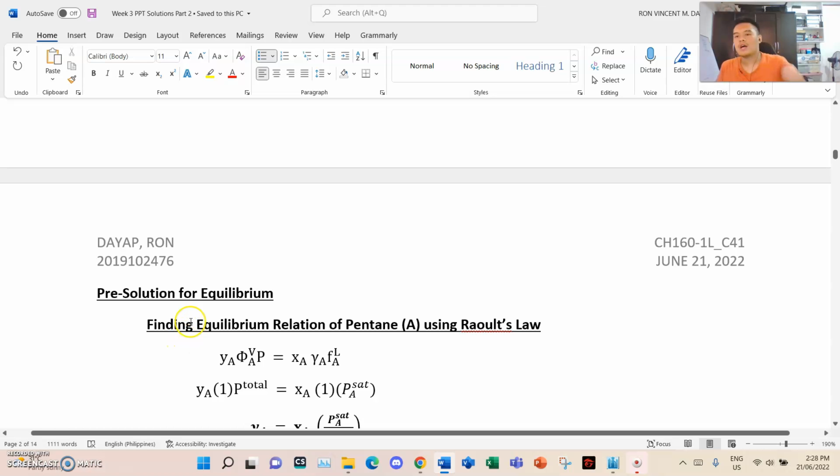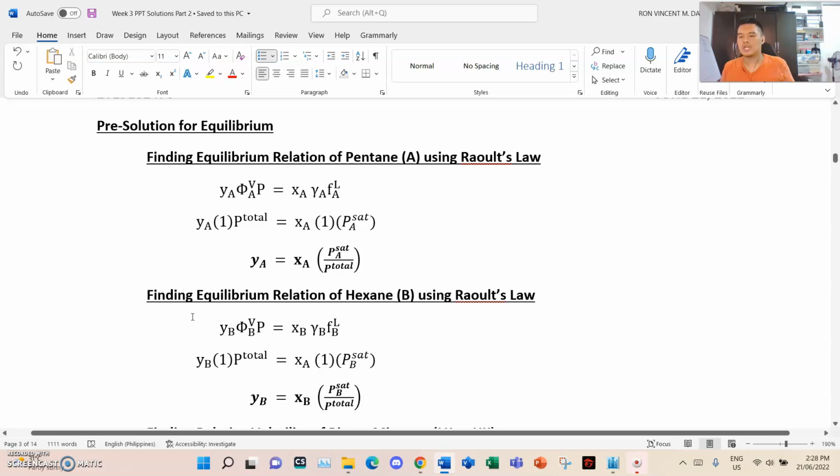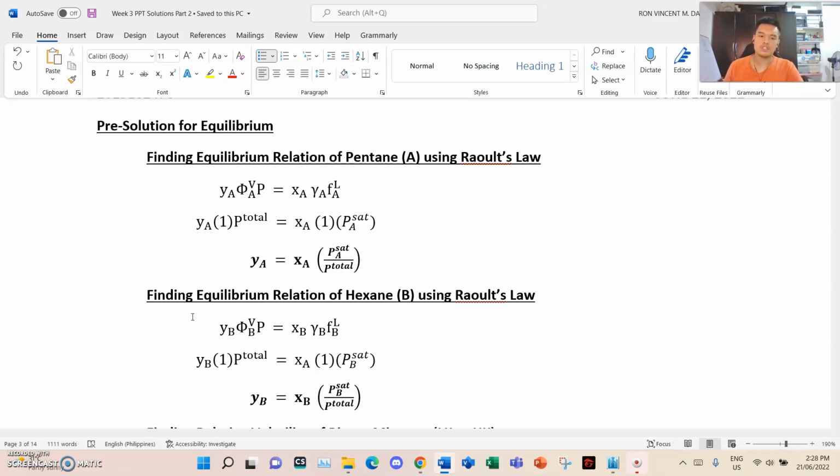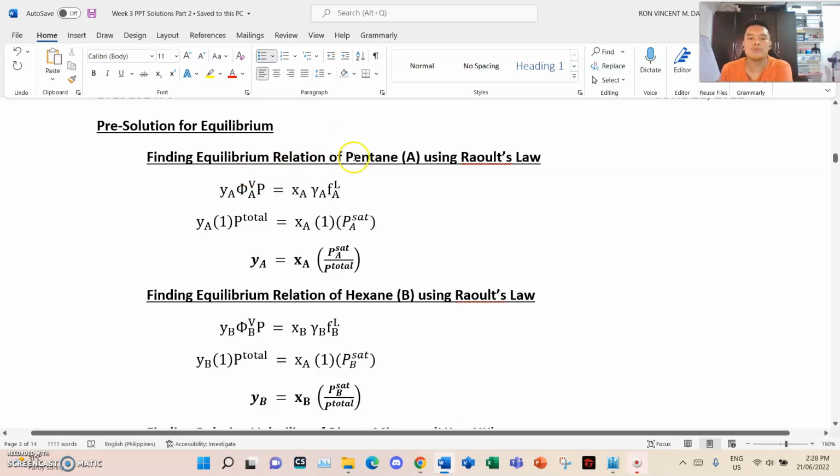So how do we solve this using hand calculations? We'll need to do a pre-solution. If you have solution thermodynamics under your belt, you might feel familiar with this equation. This is an equilibrium relation of pentane using Raoult's law: pentane at gas phase and pentane at liquid phase. This includes the fugacity coefficient, activity coefficient, and fugacity coefficient.